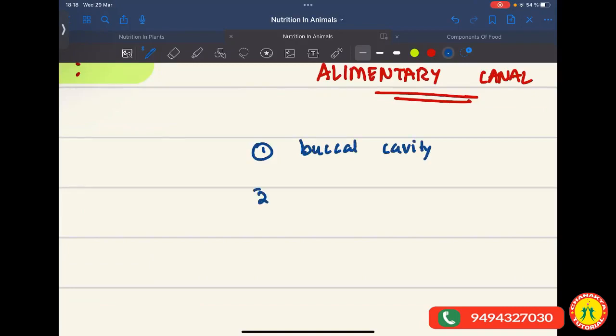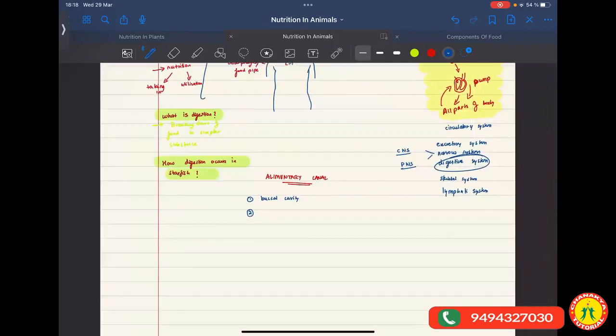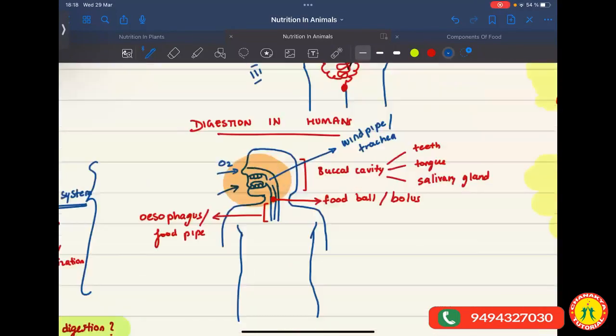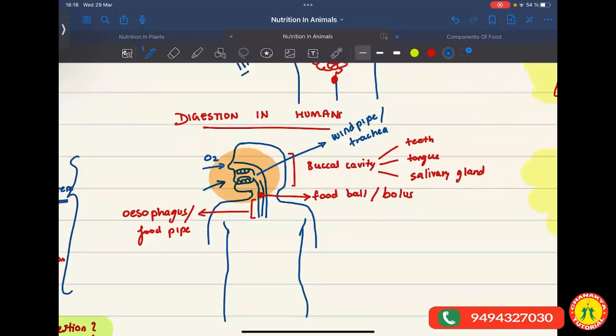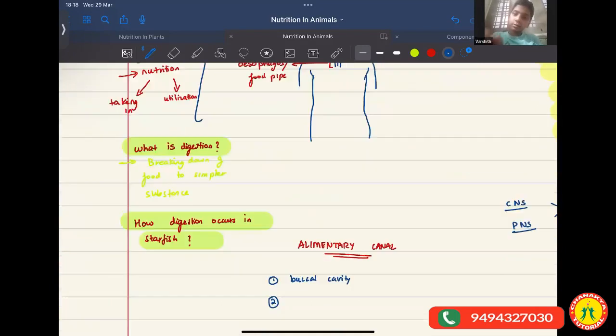Where does the pipe go to? Ma'am, to the stomach. Before the stomach, where is it going? Food pipe or esophagus.